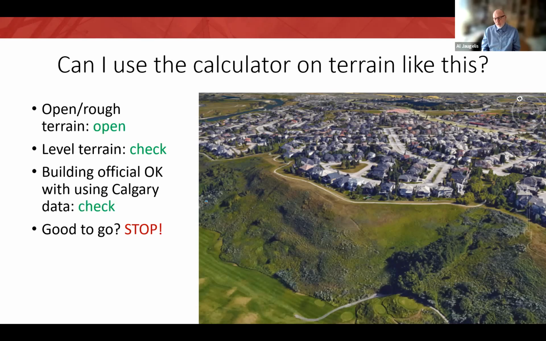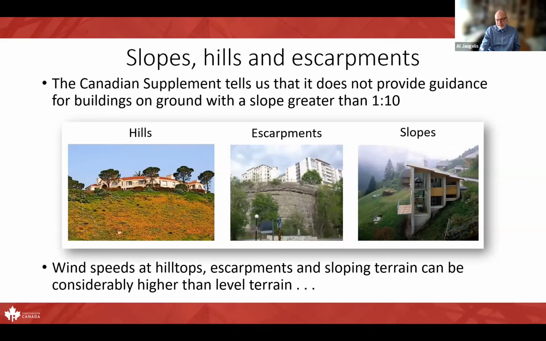Yeah. So we're bringing this image to you to draw your attention to the fact that there is something called wind speed up over hills, and conditions like this are outside the scope of what you can use the Fenestration Canada calculator to do. It's not that the calculator has a problem, it's just that the Canadian supplement doesn't address these conditions.